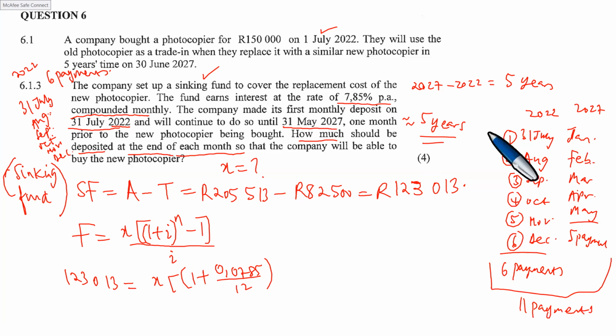So now this is 2022, that's 2027. But you know that the years are 2022, 2023, 2024, 2025, 2026, and then you have 2027.